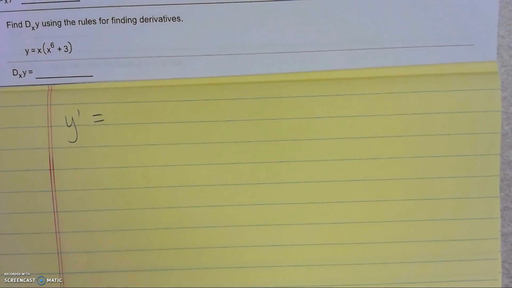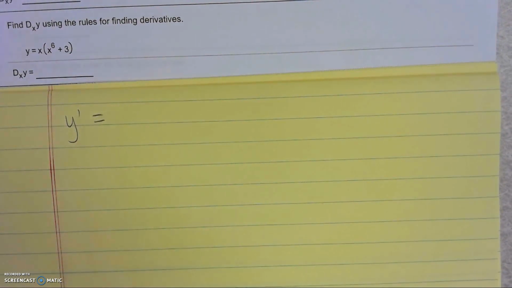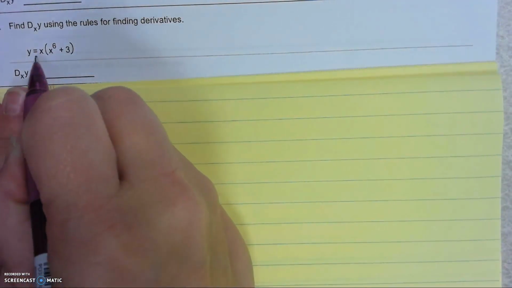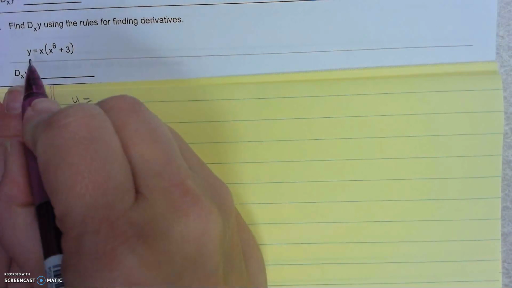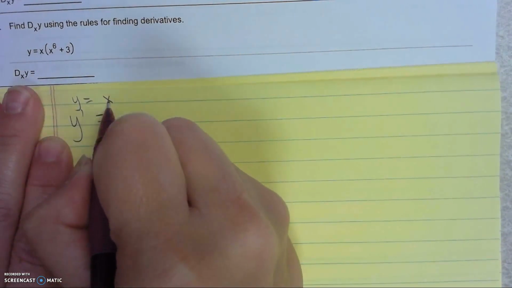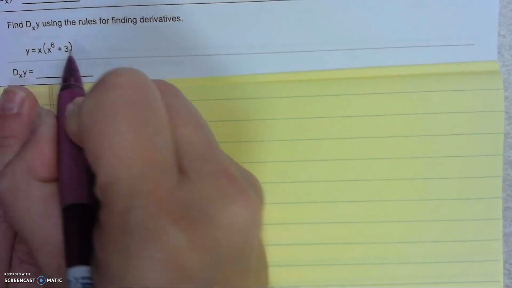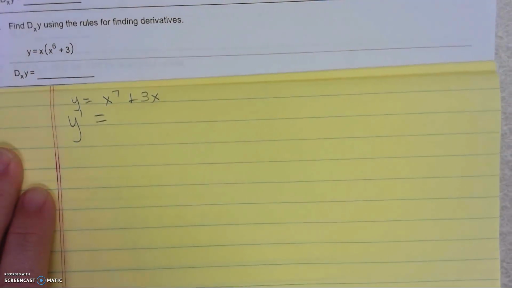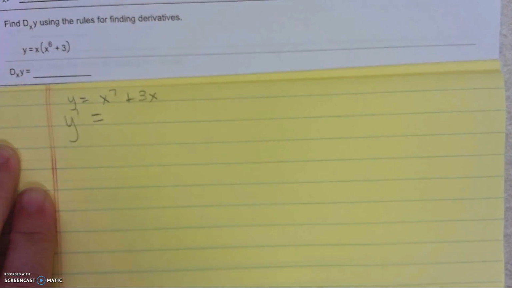Now, there are two ways you can work it out. You could say first times the derivative of the second plus second times the derivative of the first. But this one, since you can distribute that x in there, it might be easier to say x times x to the 6th is x to the 7th, and x times 3 is 3x. So to me that's easier, but if you still want to use the product rule, that's totally fine. If you do that, you should get the same answer.